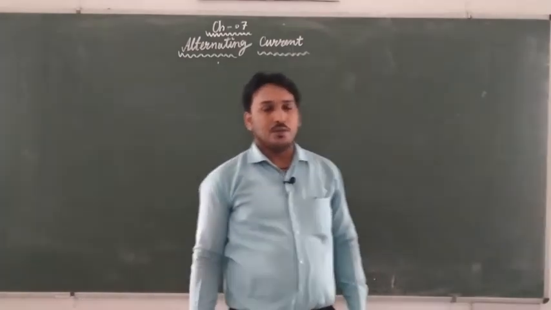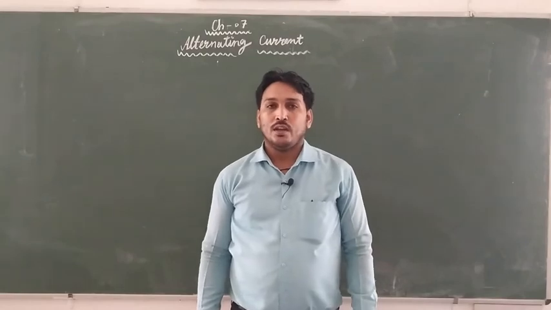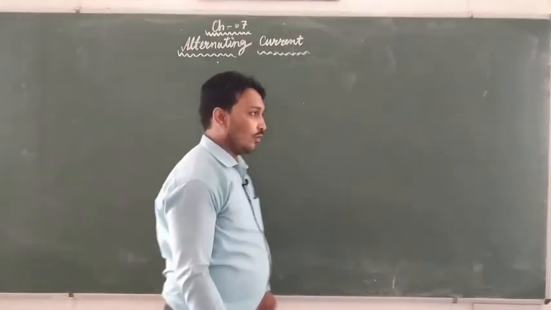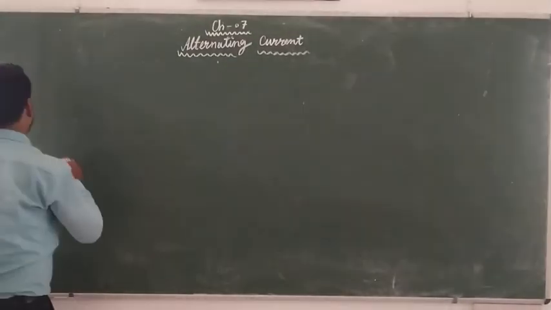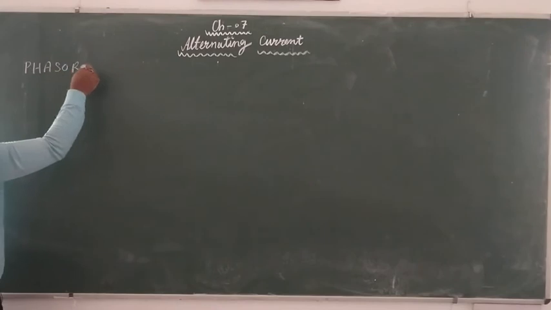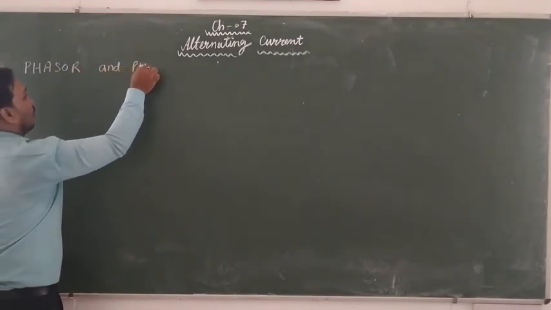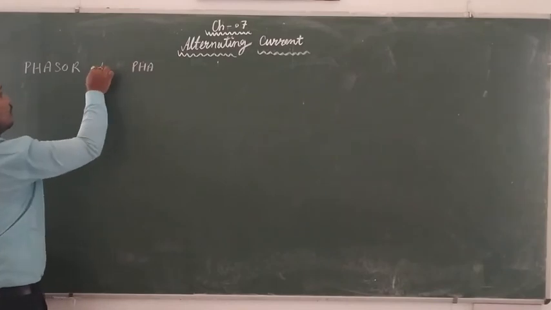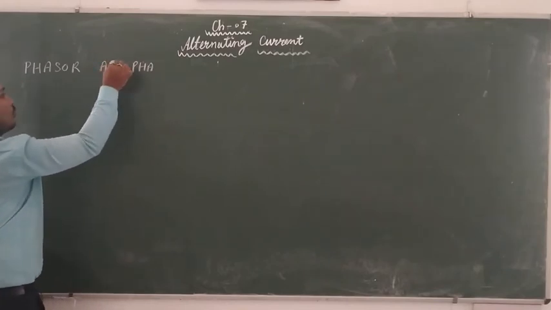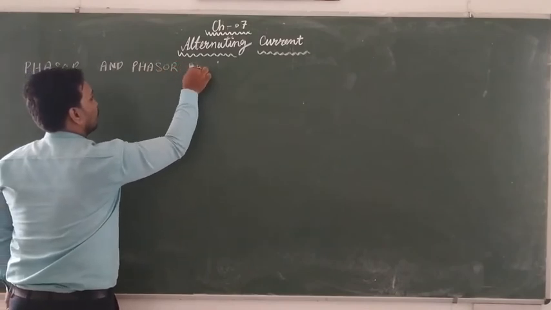Now students, after understanding the RMS value of alternating current and alternating voltage, let us move ahead. Now we are going to do a very important topic of this chapter, and that topic is phasor and phasor diagram.